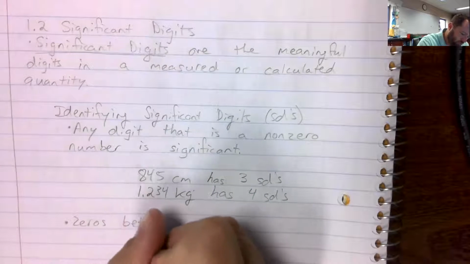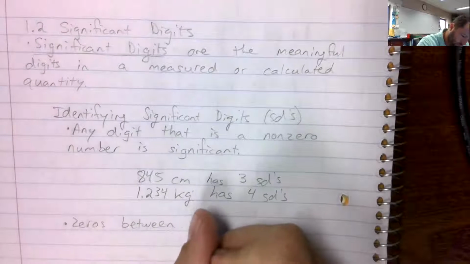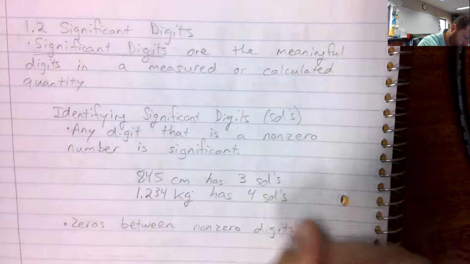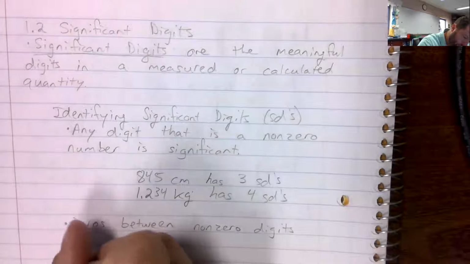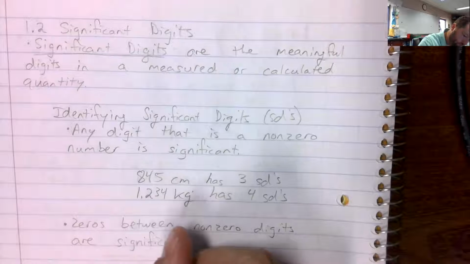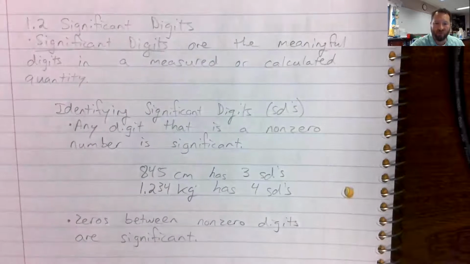Onto the zero rules. When is and is not a zero significant? So zeros between non-zero digits, we call these sandwiched zeros.